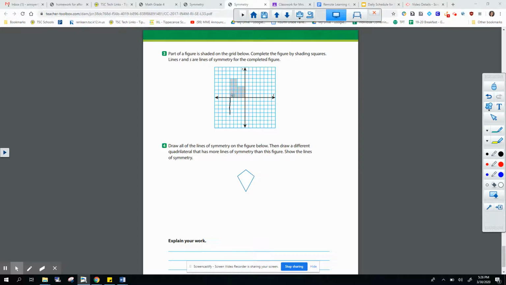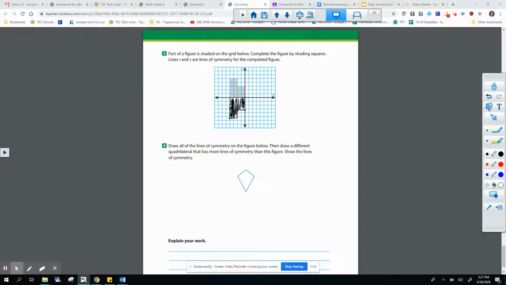And so this would be 1, 2, 3, 4, 5 went this way. So 1, 2, 3, 4, 5 this way. And then it went over 2. So I need to go over 2 squares. Then it went down 2. So I'm going to go this way 2. And then it went over to the line. So it looks like that. So you can shade those in if you want.